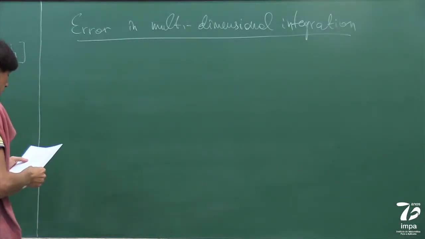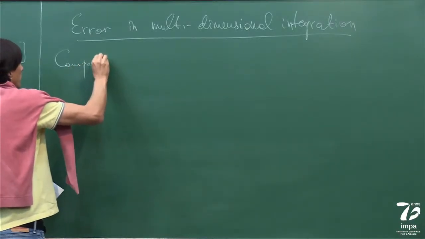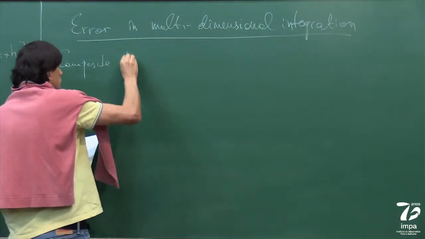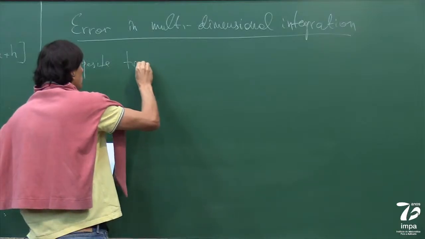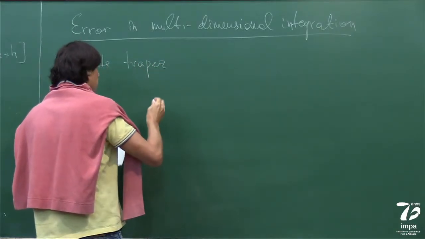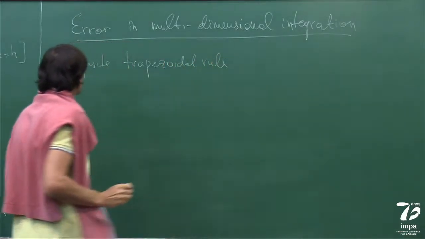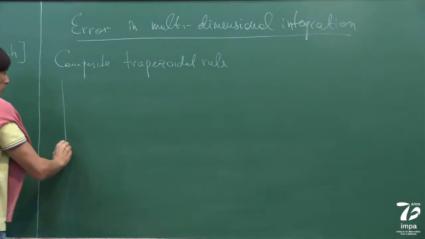So let's just take the composite trapezoidal rule. This is what we probably will use if you make a first attempt at an integral.